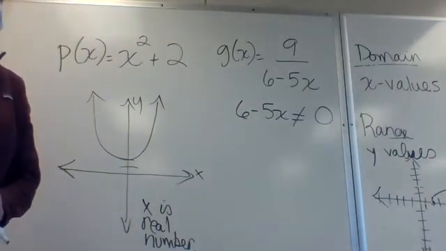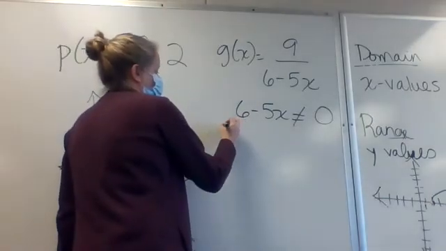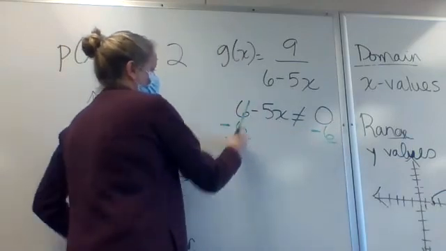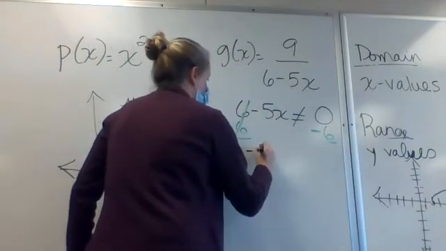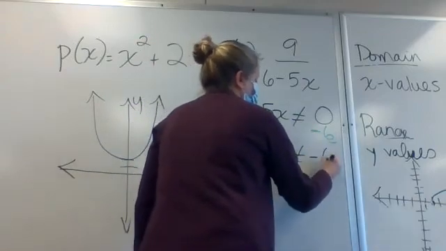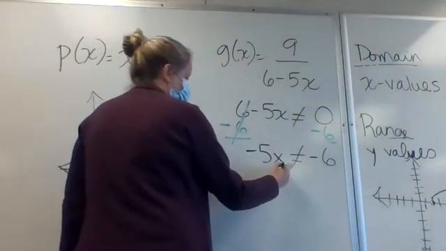And then use equation solving skills to get that x by itself, which means get rid of positive 6 by subtracting 6. Let's use negative 5x cannot equal 0 minus 6, which is negative 6. Whatever's hooked on, you divide by.